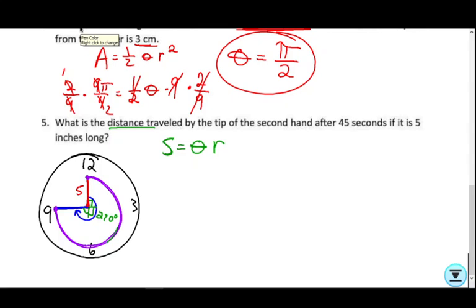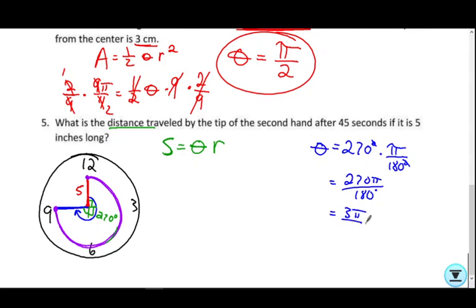But again, we can't leave it at 270 degrees. We have to find it in radians. So again, we're doing the same thing. We're getting it into our radians. So degrees, which is 270 pi over 180, which is 3 pi over 2.